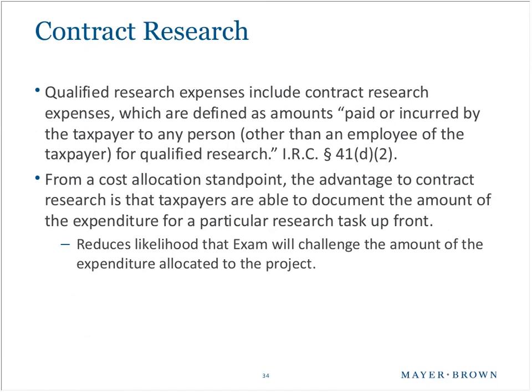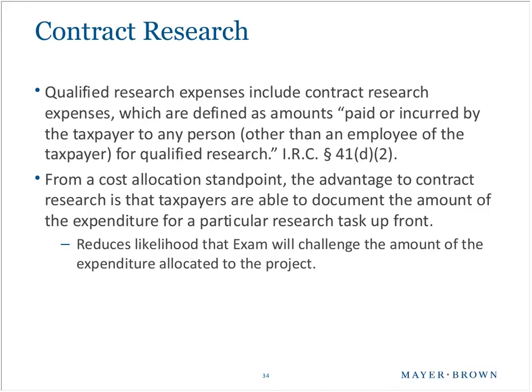We're running a little late, so I'm going to move on to the contract research credit. There, you're entitled to deduct the expenses paid or incurred by the taxpayer to any person other than an employee of the taxpayer for research.